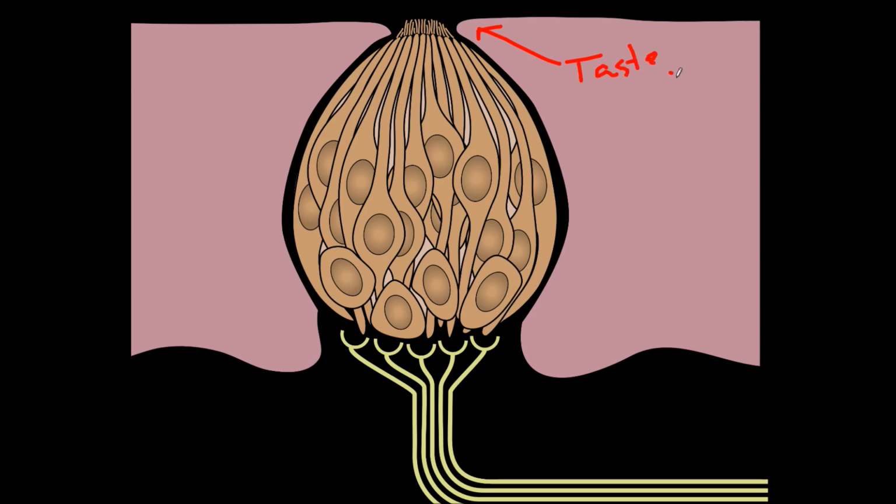We have these long spindle-like cells that are the actual taste receptors. And then we have some other supporting cells as well. All of these come together to make these individual taste buds. And then back behind here, so lower down than that, we have the afferent nerves.